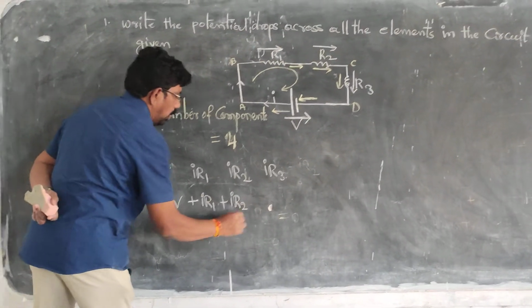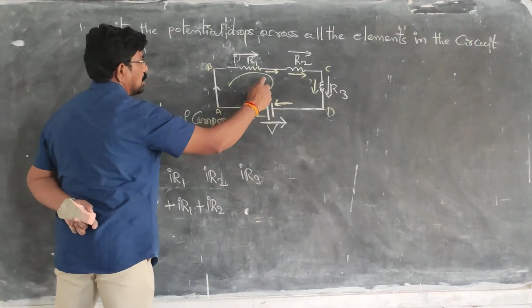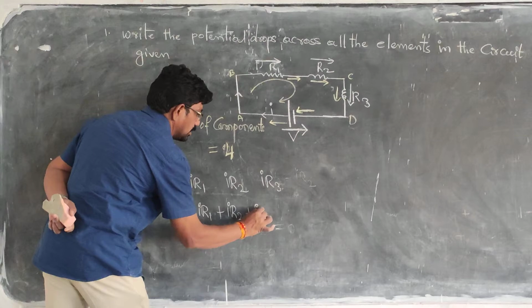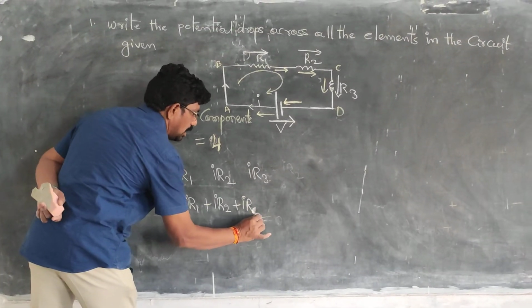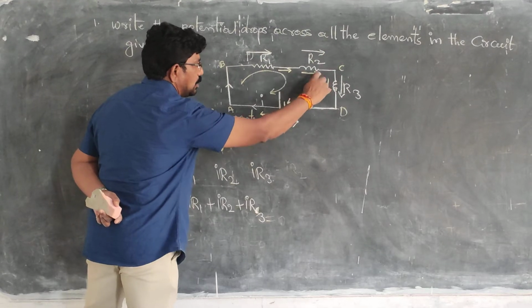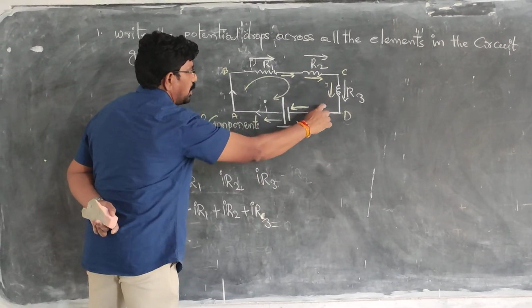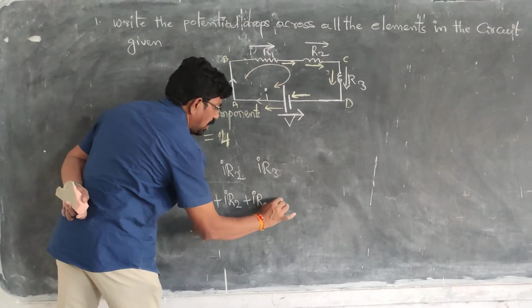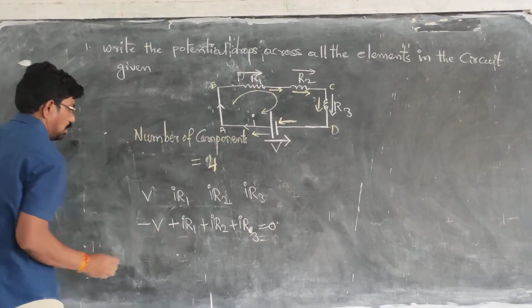Current and clockwise arrows, both are in the same direction. Next, this one is also in the same direction. IR3. The current is moving and the assumed direction, that is within the loop we are moving in the clockwise, both are along the same direction. So plus IR3. The sum of all these is equal to 0.